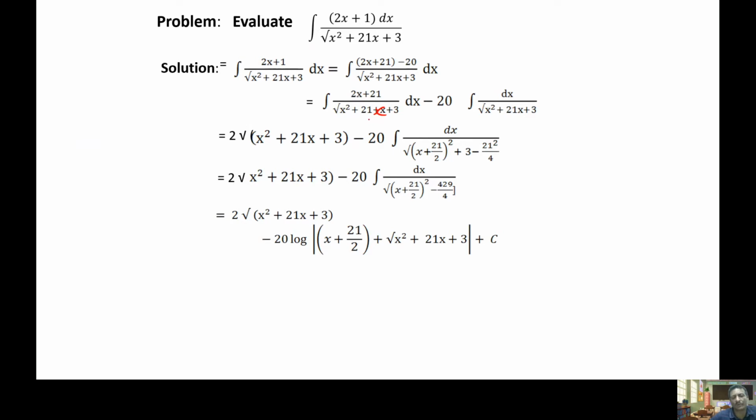What is du by root u? 2 root u. So 2 into root of (x squared + 21x + 3) minus 20 into. Here again you have to arrange. Now it will be in the form 1 by root of (x squared minus a squared). What is 1 by root of (x squared minus a squared)? Log modulus of x plus root of (x squared minus a squared). And this is the answer.